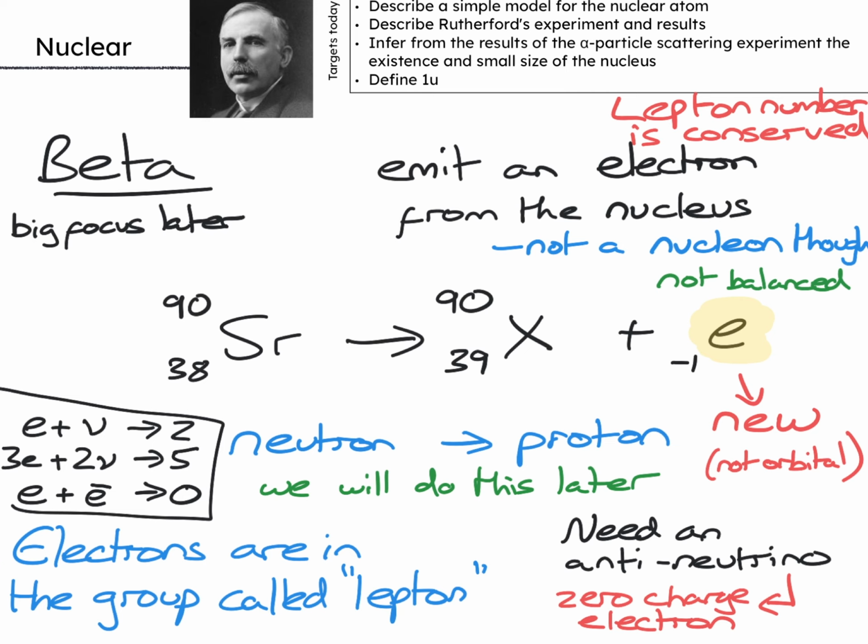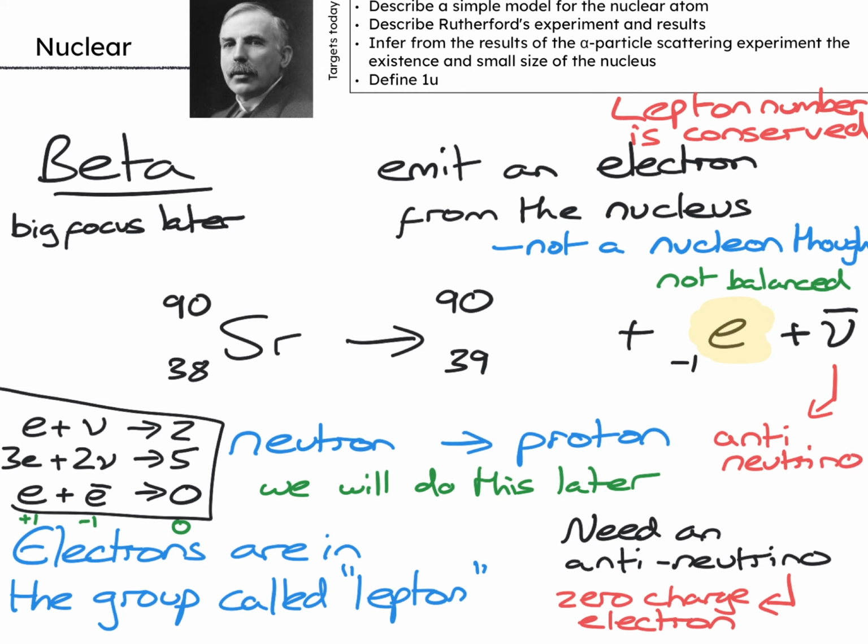Okay, and the electron has a lepton number of 1, the anti-electron has a lepton number of -1. For the reaction we've been looking at here, the important bit for now is that 1 electron and 1 antineutrino gives a lepton number of 0. So the beta minus decay equation is actually going to be strontium 90 decaying to yttrium 90 plus an electron plus an antineutrino.